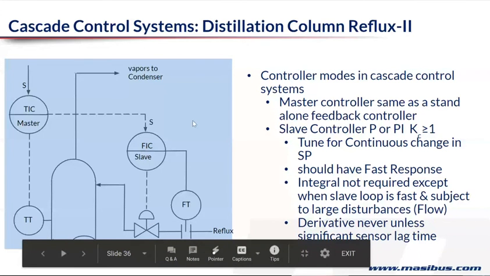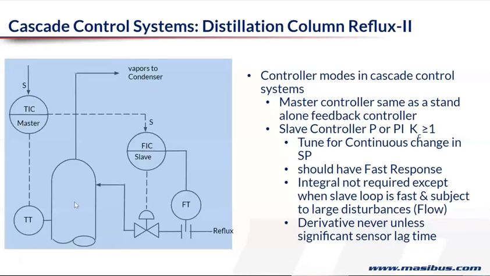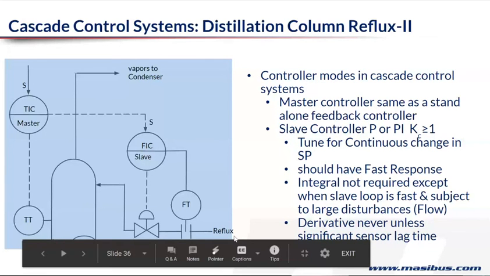But because these distillation columns have a huge dead time, and why they have a dead time is this material which is flowing, which is called the reflux, it has a huge impact on the temperature you are sensing inside the distillation column. So the flow of this has a huge impact.